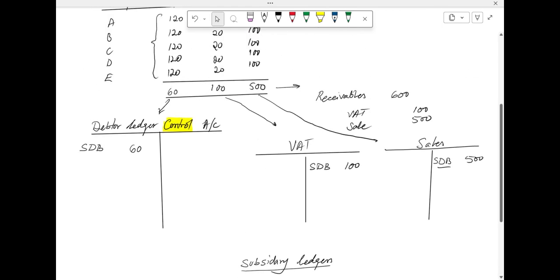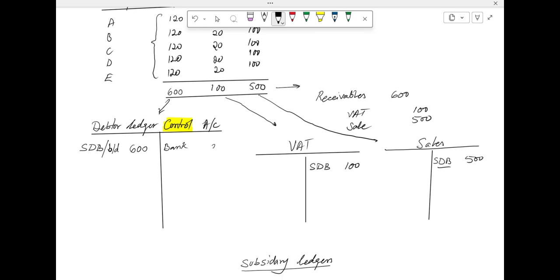So let's see, in the debtors control account, what else appears on the debit side and the credit side. In the debtor ledger control account, we will have the sales day book figure on the top, or it can be the brought down figure. In some questions you will see a brought down figure. We also record bank over here, so when customers pay me money, I will reduce their balance.